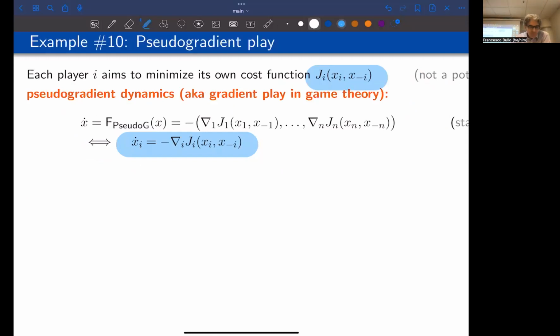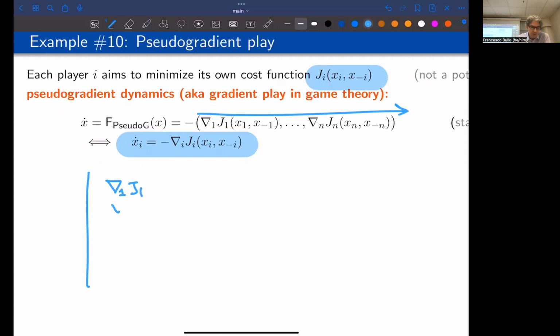So what you can do, and here I wrote it horizontally, but maybe I should have written it vertically, is write nabla 1 of J1, nabla 2 of J2, up to nabla n of Jn. We have n agents, lowercase n. How do I call that vector with all of the partial derivatives, the gradients?